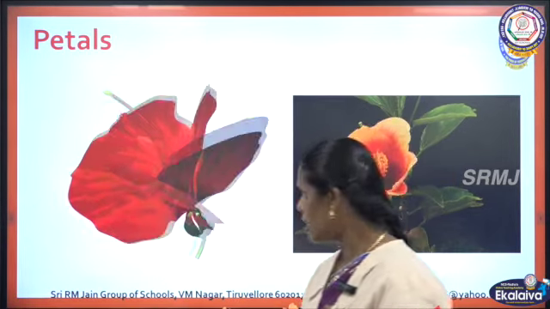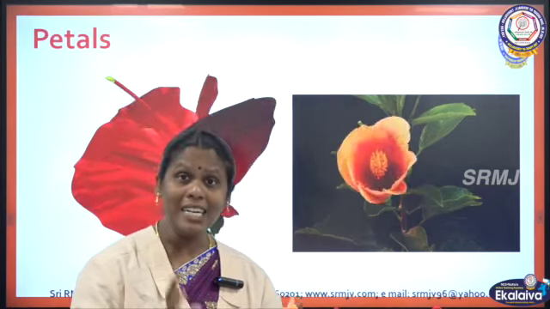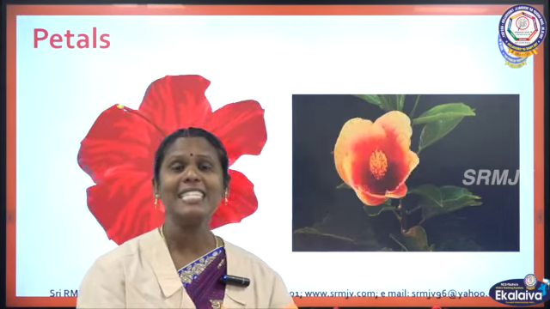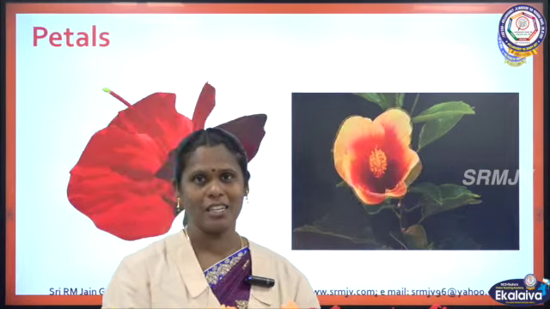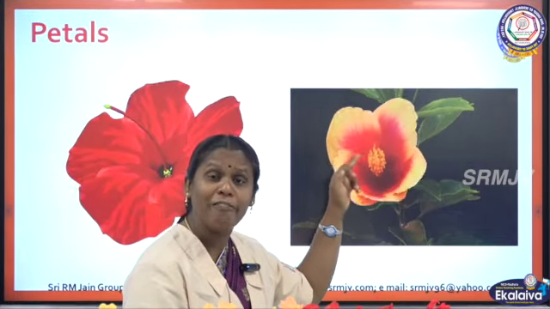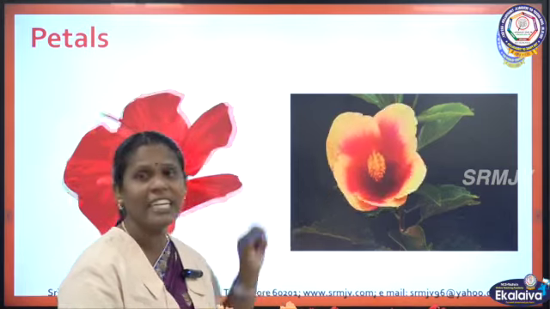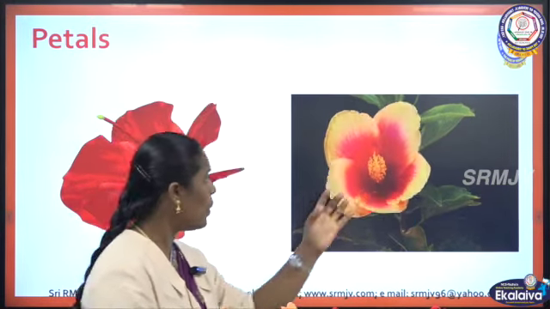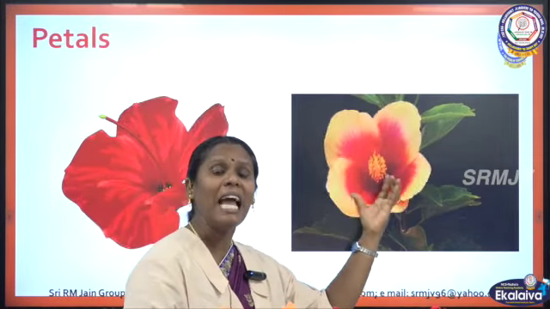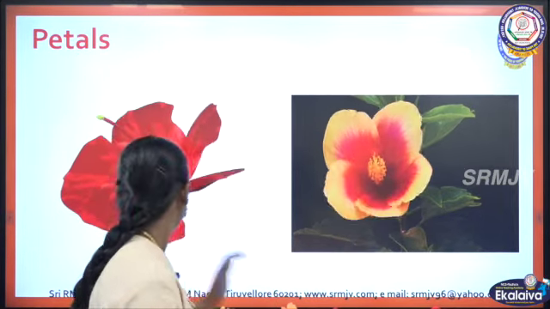Here 5 petals are there. You see, petals are colored. They attract insects for pollination, right? What is the function of the petal? Inside the petals, the male and female reproductive parts are present in the flower. So it protects the male and female parts. Okay, children.